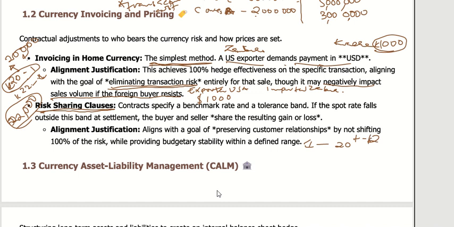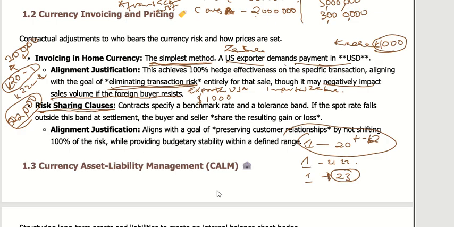So you are willing to pay anything in this exchange rate, whether maybe 21, 22. Once it goes to maybe, for example, 23, then you are not really willing to do that. Then the issue of sharing comes in, meaning you share the loss in this case.